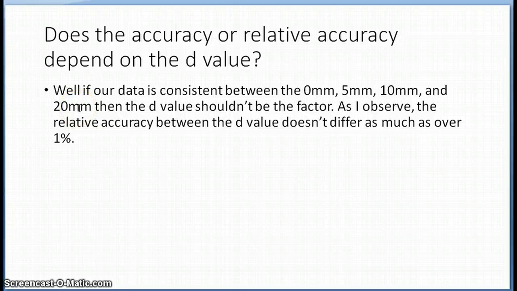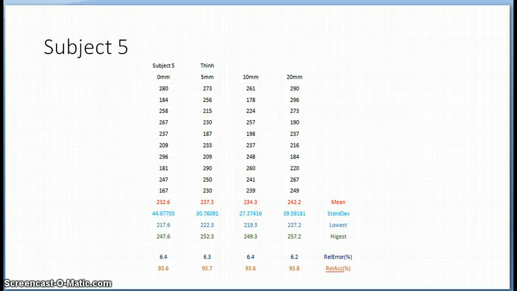The second question is: does the accuracy or relative accuracy depend on the d value? Well, if our data is consistent between 0 millimeters and 5 millimeters, the d value, then the d value shouldn't be the factor. If you can see in most of the data, the relative accuracy between the data didn't vary that much.